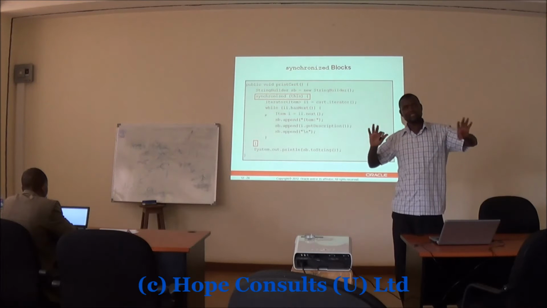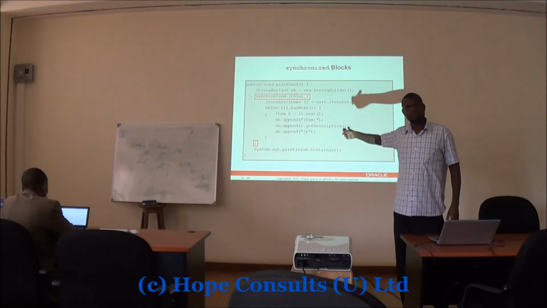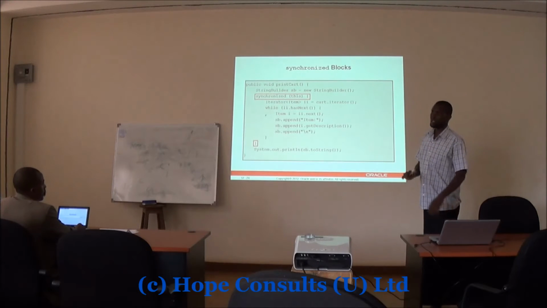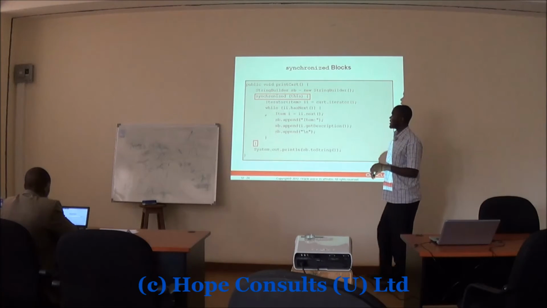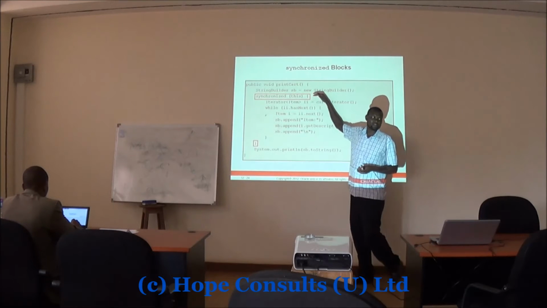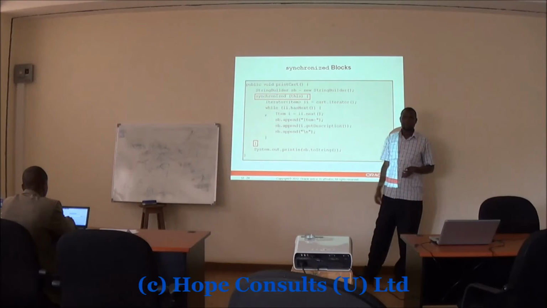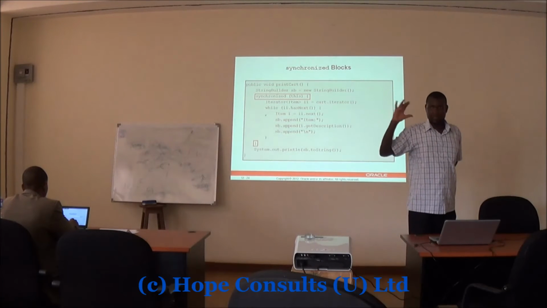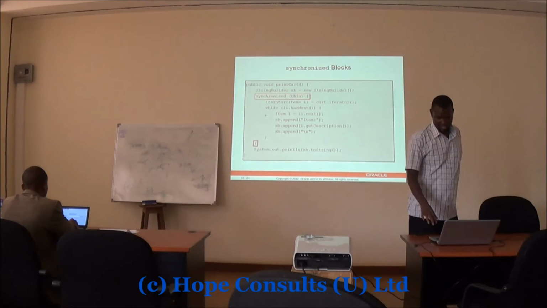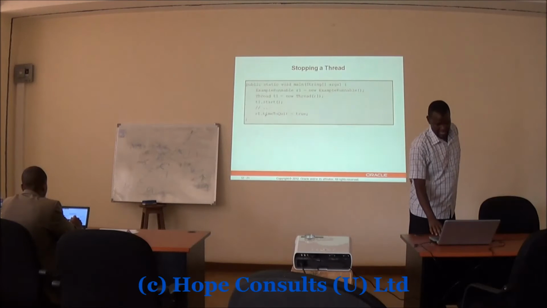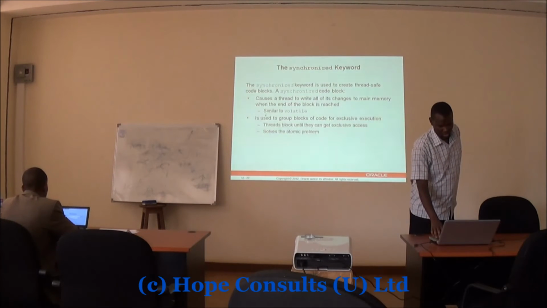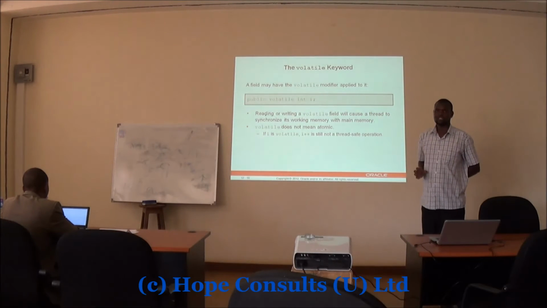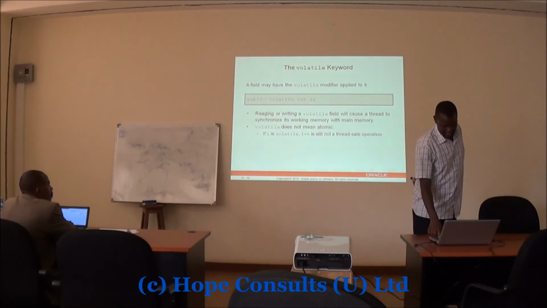But all other things they can do independent of each other, apart from this one. When they get here, they have to wait for each other. So this is used to protect methods, code inside methods, and volatile is used to protect fields.